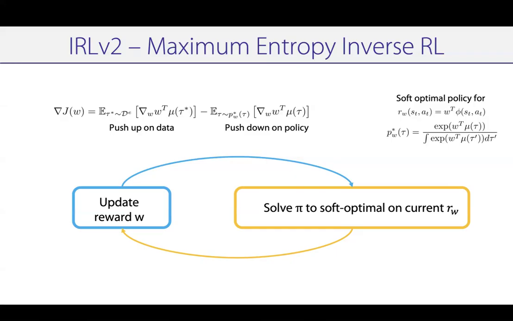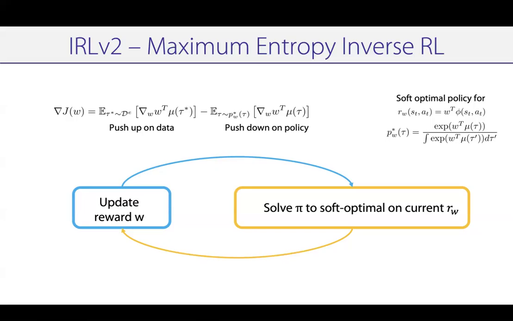What folks would do when they were doing MaxEnt IRL is hand design features. They'd say there's a distance of the arm from this thing, and how fast you're going, your velocity, and some number of features of your states and actions. And then you say that your reward is some combination of those features, right? So that's hand designed, and next we'll try to do it not by hand.